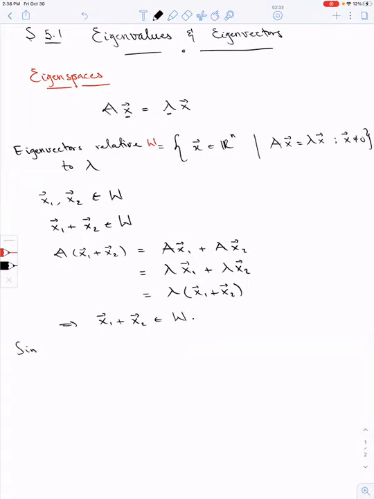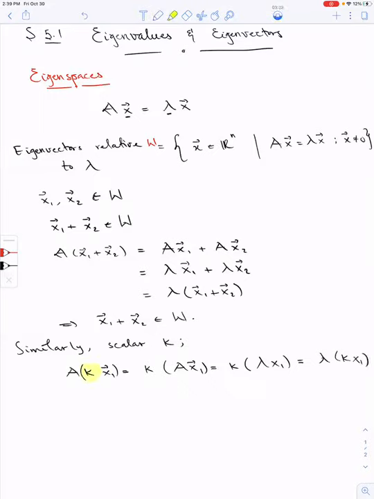Similarly, if I consider a scalar k and I consider A times kx1, this is going to be k times Ax1, which gives me k times lambda x1. I can rewrite this as lambda times kx1.